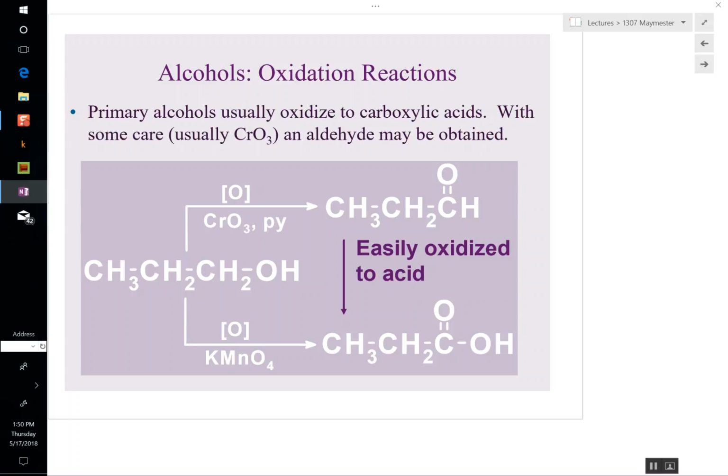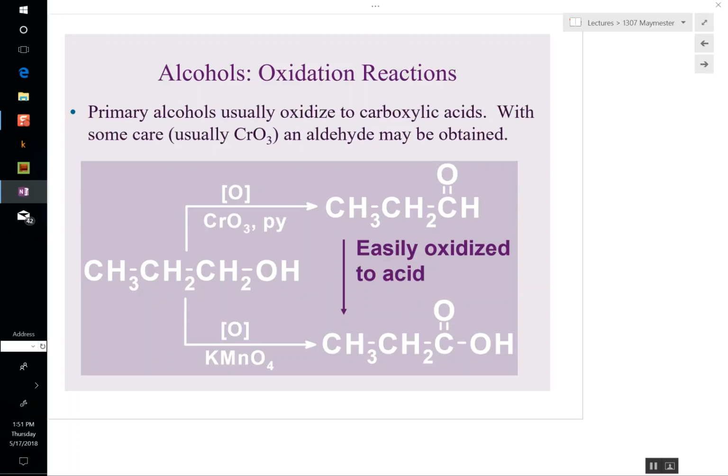A carbon-oxygen double bond on the end is an aldehyde. Why did it end up on the end? Well, that's where the oxygen was to begin with. Didn't move. When we oxidize this molecule, that oxygen doesn't move. It stays right on, but now we got a carbon-oxygen double bond instead of a carbon hydroxyl. We got a carbon-oxygen double bond, an aldehyde.